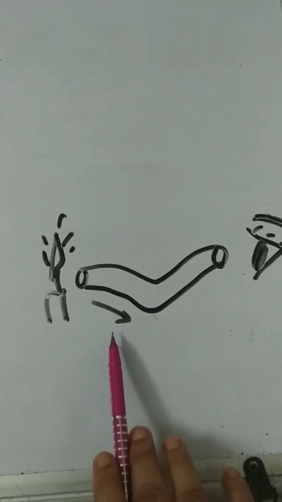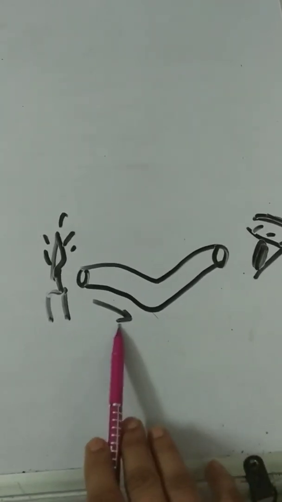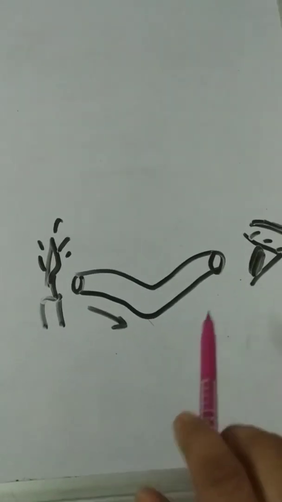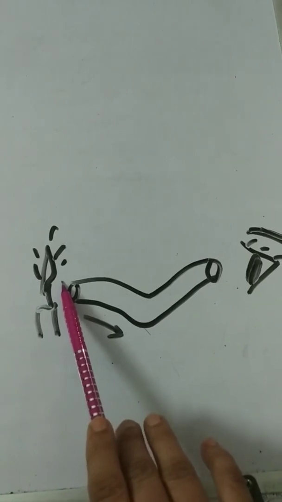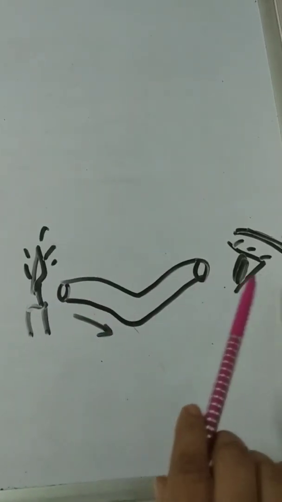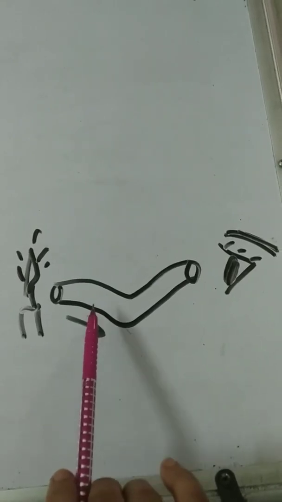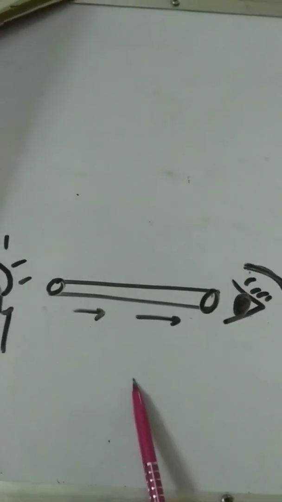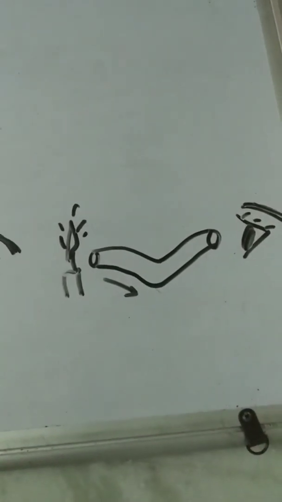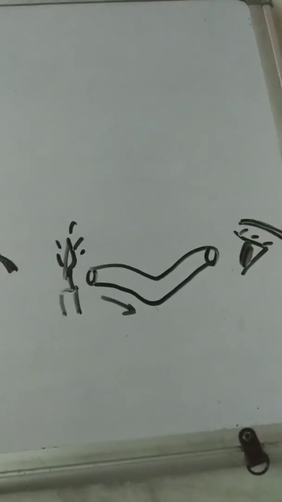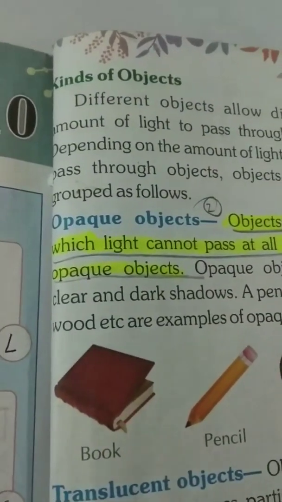But when we take a bent plastic tube or pipe and try to look at the candle flame, then we are not able to see the candle flame clearly. So it proved that light travels in a straight line. It has the property of rectilinear propagation of light.